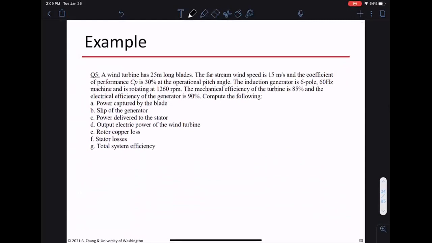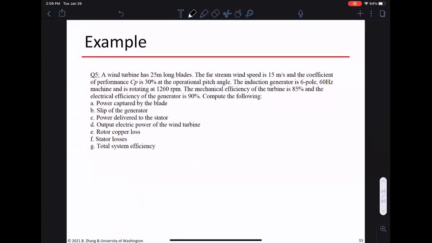So let's do another example to remind ourselves how the induction generator works. This is more of putting everything together. We'll start from the beginning. I have a wind turbine with 25-meter long blades, a far stream wind speed of 15 meters per second, and the coefficient of performance is 30% at the operational pitch angle.